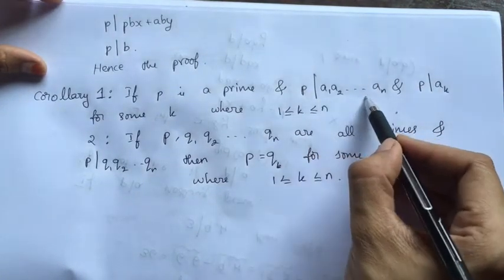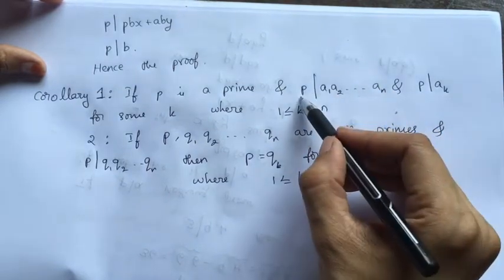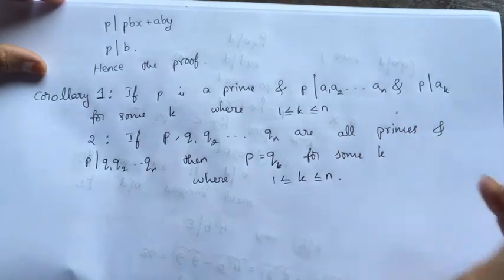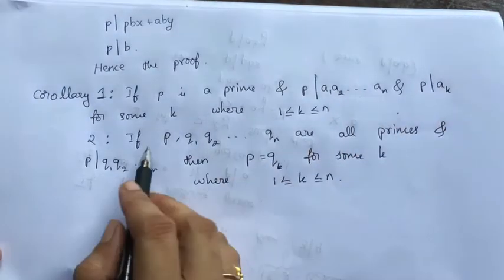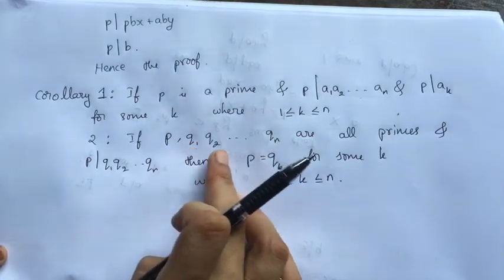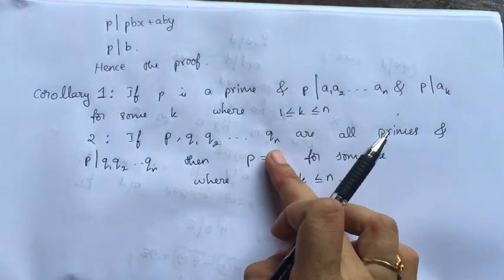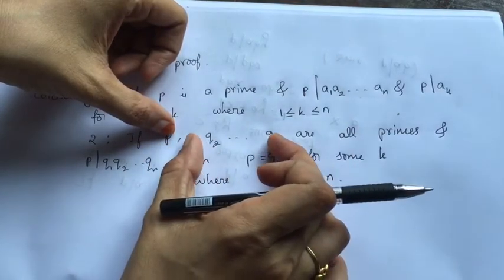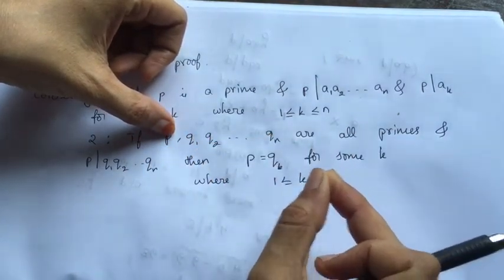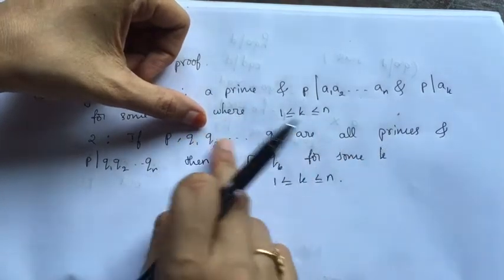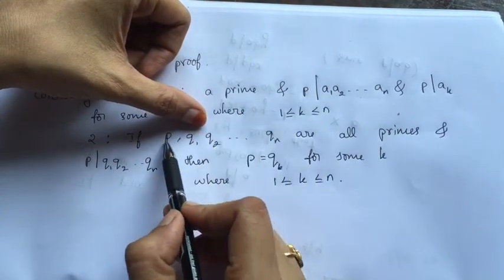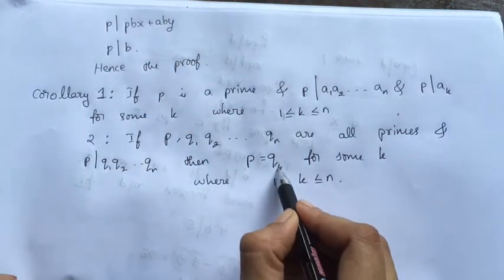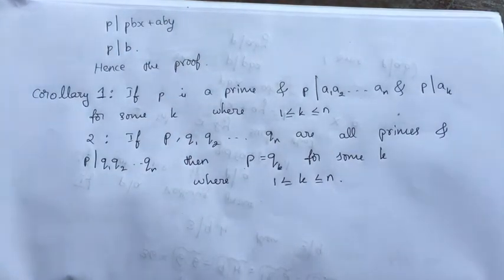If P divides this product, then P also divides some AK for some K. And if P, Q1, Q2, Qn are all primes, then if P divides the product of these terms, P is equal to any one of these prime numbers, say P equal to Qk for some K.